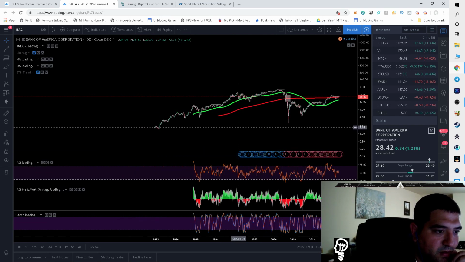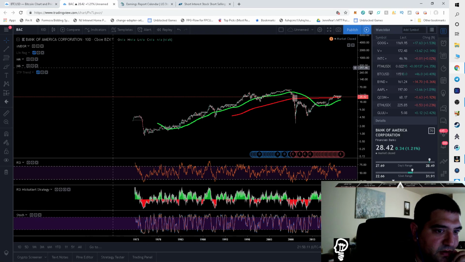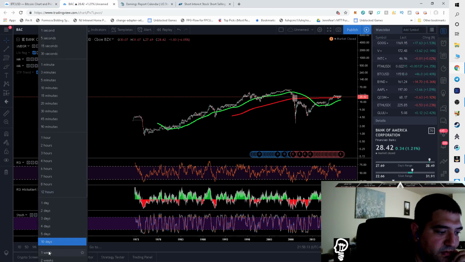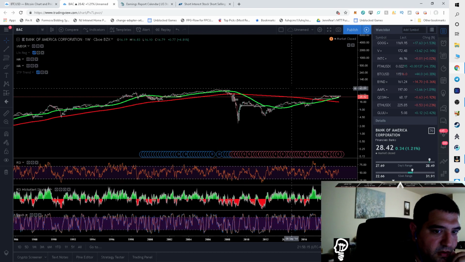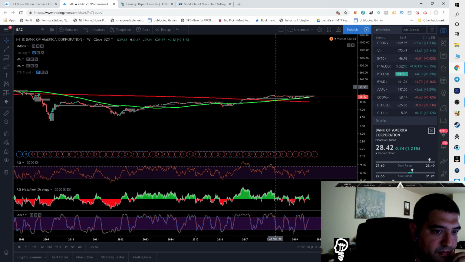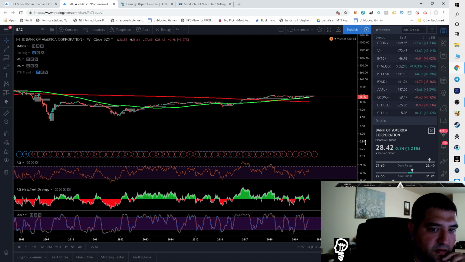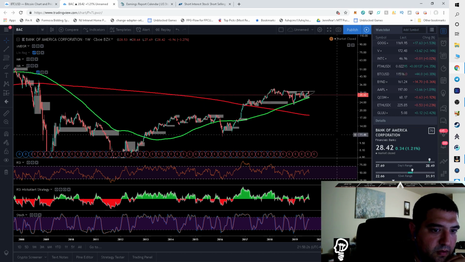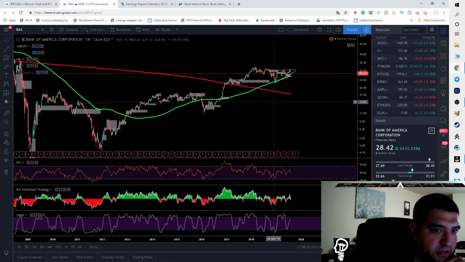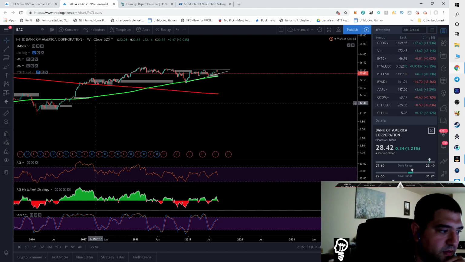I mean, on a longer scale picture of this chart, if we go to a weekly or something, weekly we have actually a golden cross, right? I have it in March or April. So, golden cross, man, that's bullish. That looks bullish to me, actually.